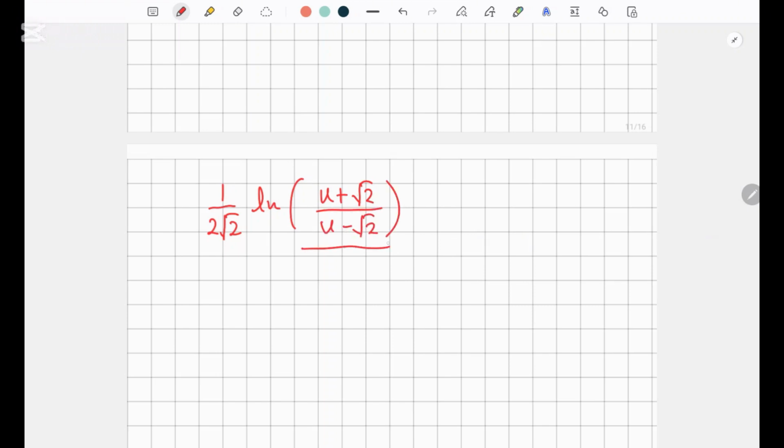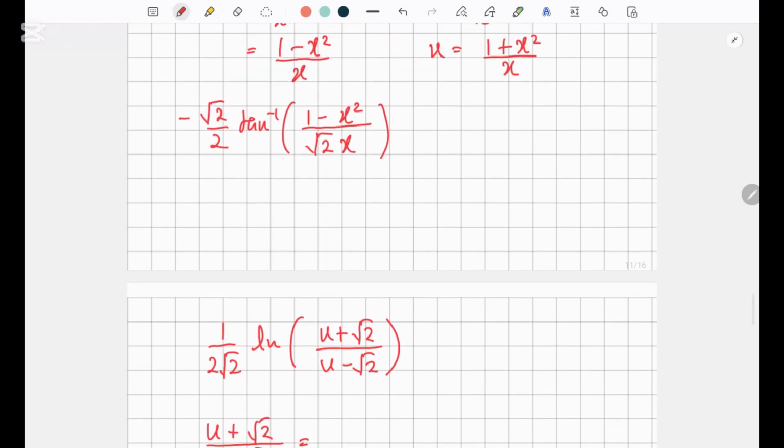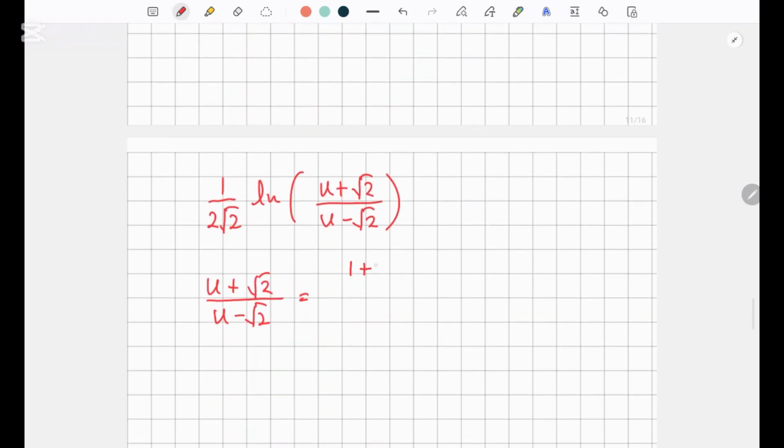So just focus on what you have inside the brackets: u plus root 2 over u minus root 2. When you put the substitution back in, it's ((1 plus x squared) over x plus root 2) over ((1 plus x squared) over x minus root 2).